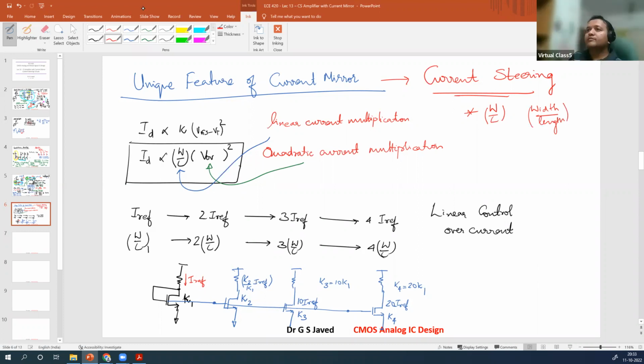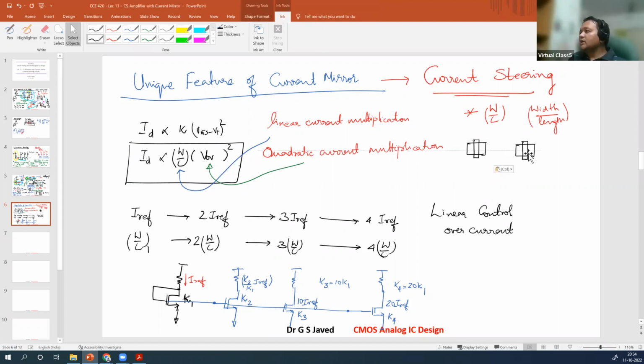For example, if this is your layout representation of a transistor, typically what you will do is, if you really want to do it, this is how I will do it. Take this device, copy it in the layout, Control C, Control V. One here, Control V again, place next to each other.